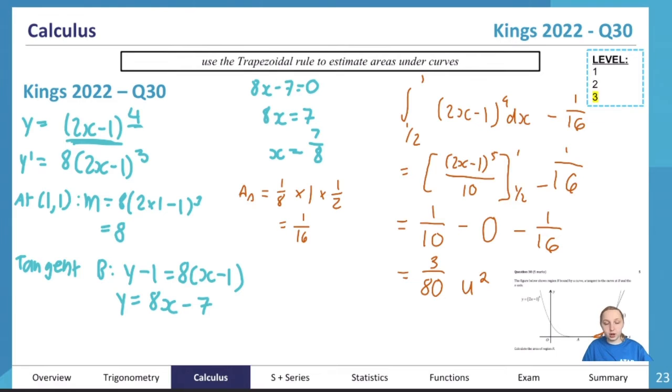So for this question, hopefully you can see why it was worth 5 marks. You had to do quite a fair bit to get the solution. You had to work out the equation of a line. You had to recognize that you needed to find the triangle. Then you had to find the integral and then subtract the triangle from that integral.